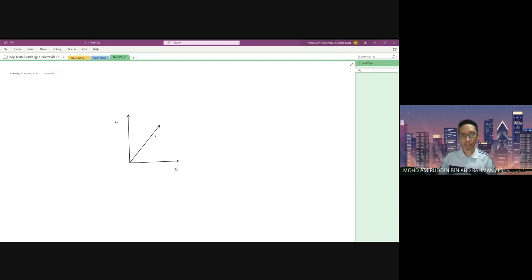When the direction is going to the negative y-axis, you should add minus in front of the magnitude. So for BY, the answer is minus 1.645. Is it clear?